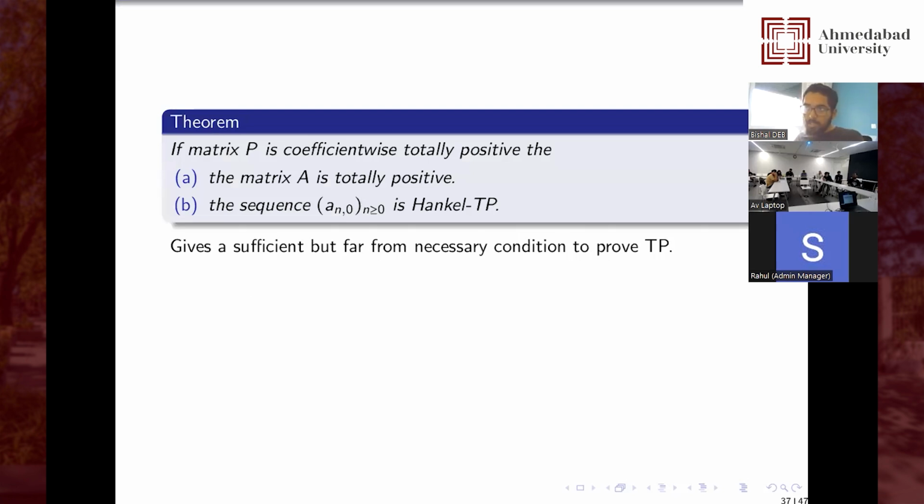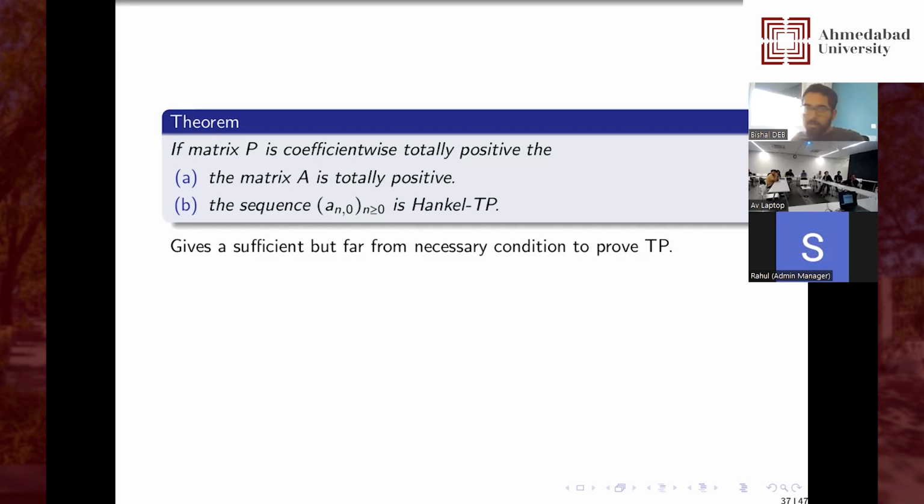If the production matrix P is coefficient-wise totally positive, then the matrix A, which is called the output matrix, is also coefficient-wise totally positive. This is the first part of the statement. And column 0 of the output matrix, which is the sequence A_n0, is Hankel totally positive.